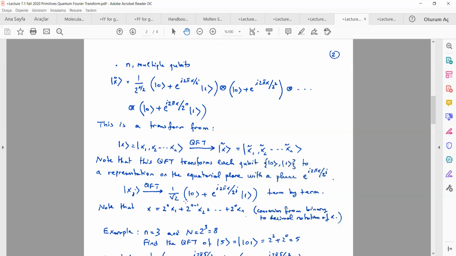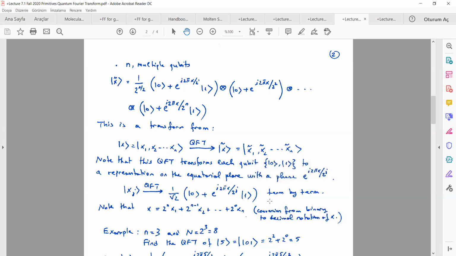We obtain another qubit in the transform domain that is on the equatorial plane. This is 1 over square root of 2 times ket 0 plus e to the i 2 pi x over 2 to the j ket 1, where j is the index of this qubit.